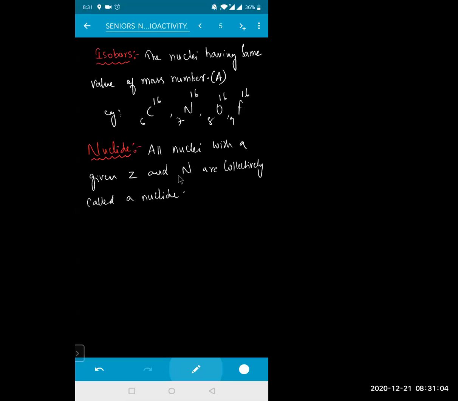Thus all the aluminum 13, 27 nuclei taken together are one nuclide.